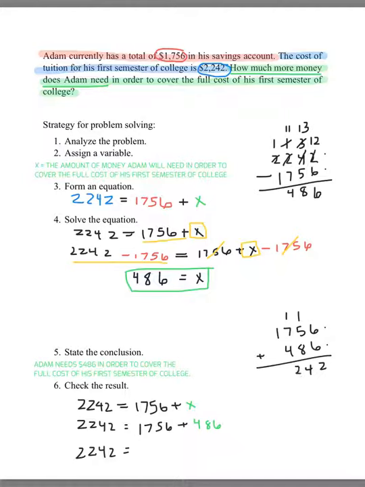So I'll bring down the 2 and carry up the 1. And then 1 plus 1 gives us 2. So we end up with 2,242. And the right-hand side is now equal to the left-hand side. So we have a true statement. And whenever you have a true statement, that's a verification that our solution is correct. So we are good to go.